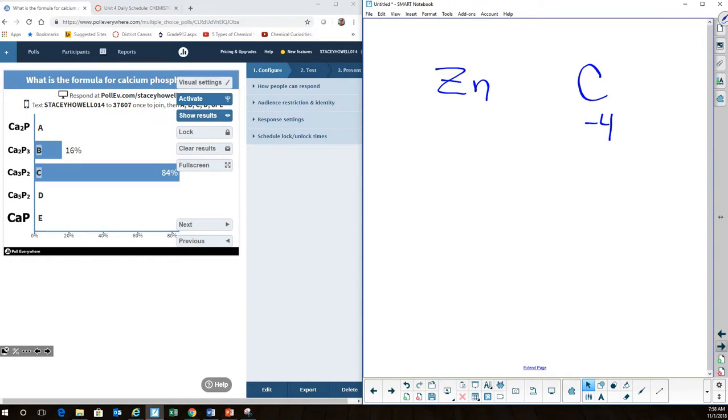Right, but it's part of our slide. That's when I gave you a charge for. Zinc is part of the slide where I told you, remember, boron, aluminum, gallium +3. Zinc +2, silver +1.